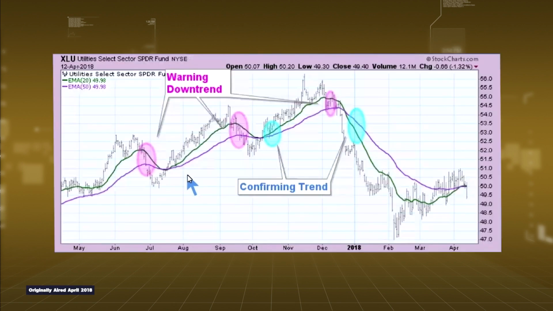So let's look at this a little more closely. Right over here, we have 3 warnings that there's going to be a downtrend. Notice that we have these EMAs and they are split. They diverge, they're moving further apart because you've got price accelerating to the upside. But then you start to see price move lower, and now you're seeing these moving averages start to converge on each other.